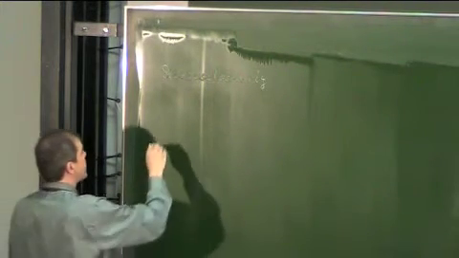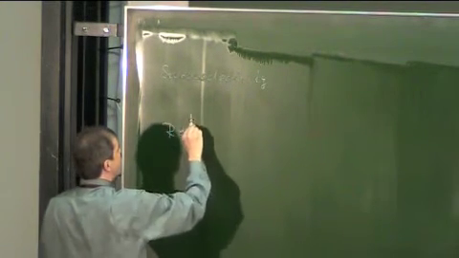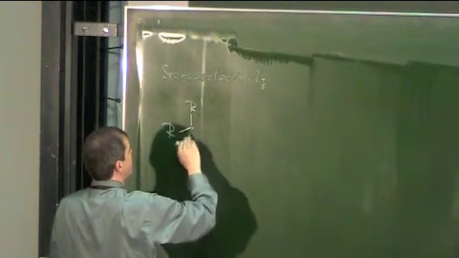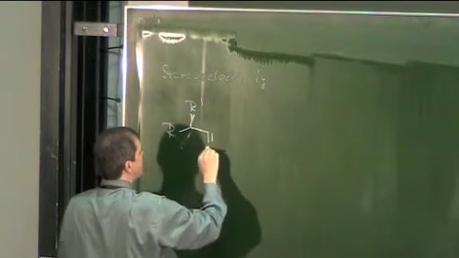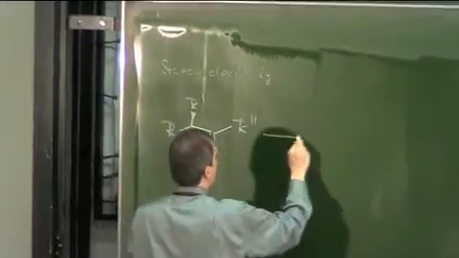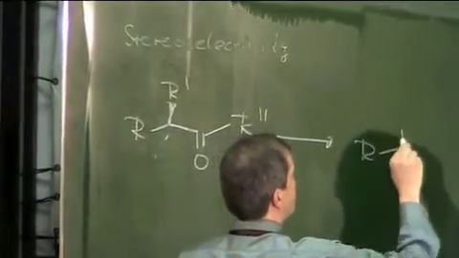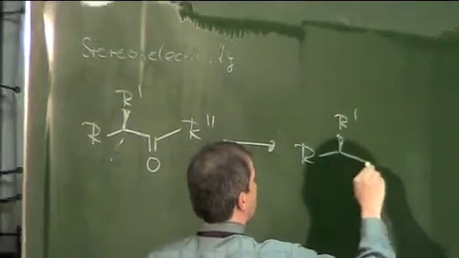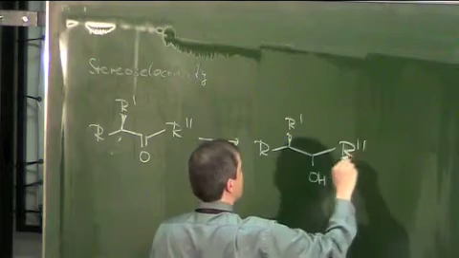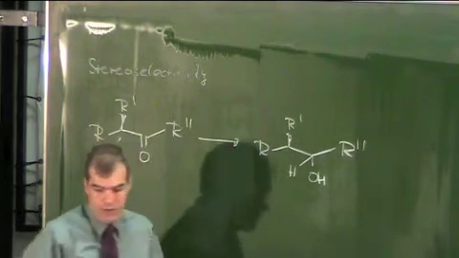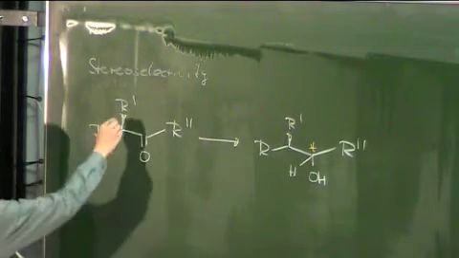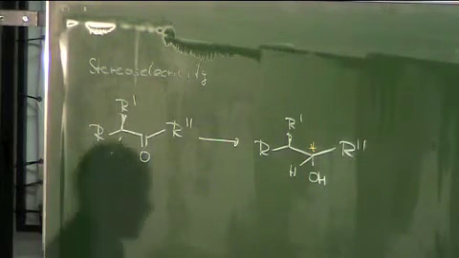In typical cases, you often have reductions that are cases of inducing a new stereocenter here, very often in the neighborhood of a chiral center.